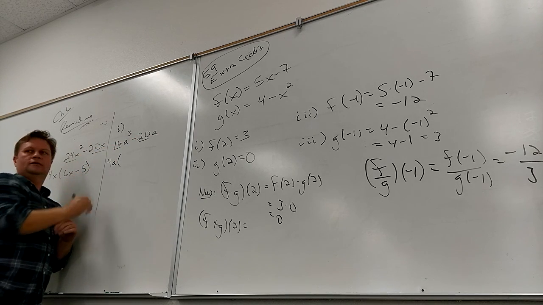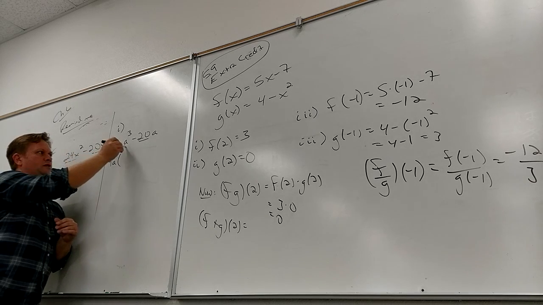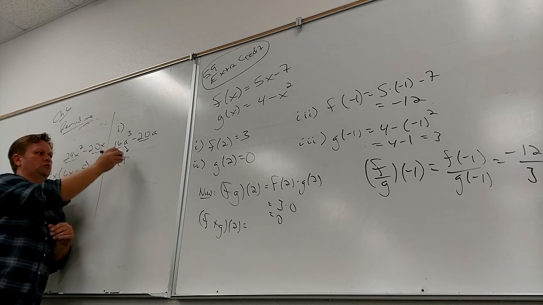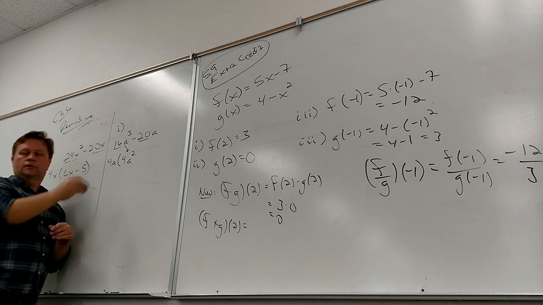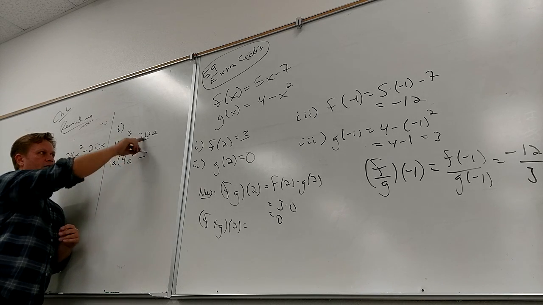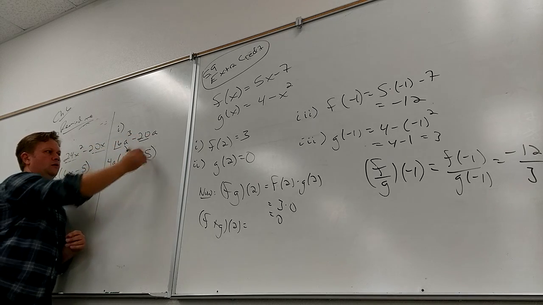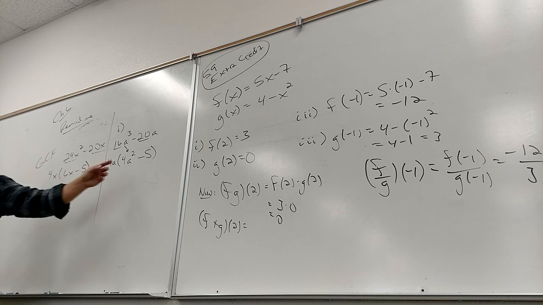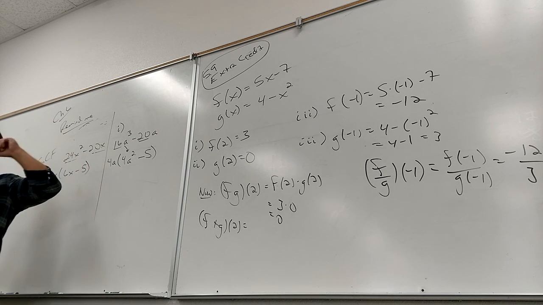An a. So what's left in this term? 4. Yeah, 16 divided by 4 is 4. I had 3 a's. I took 1. I have 2 left. Minus? Yeah, 5, because I took that a away. How do you check it? You multiply it back in. That's supposed to multiply to be this, right? That's how you check it.